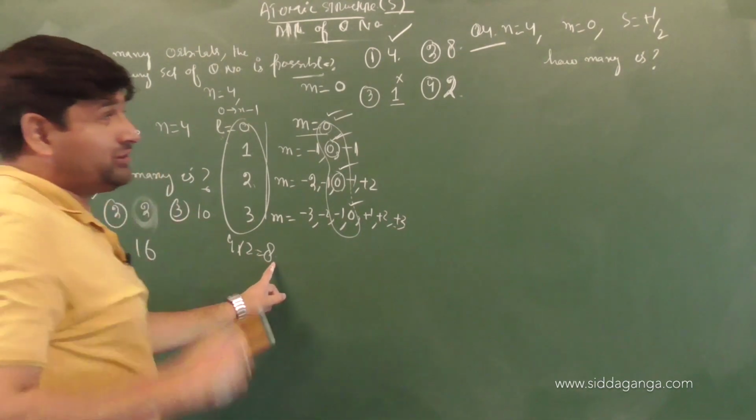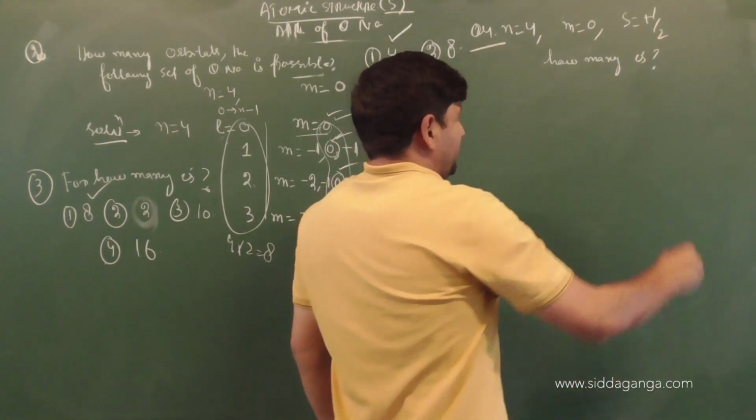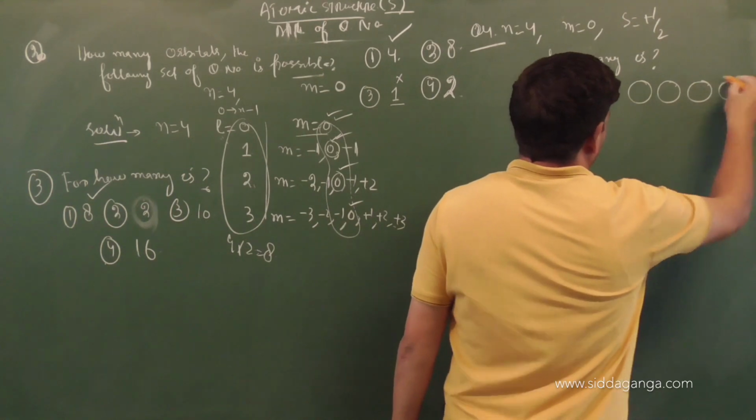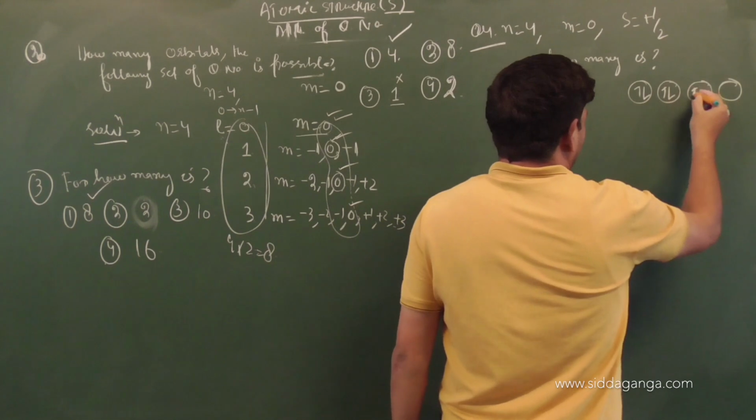8. Now the spin quantum number is given as plus half, because we know there are 4 orbitals and total electrons, how many are there? 8.